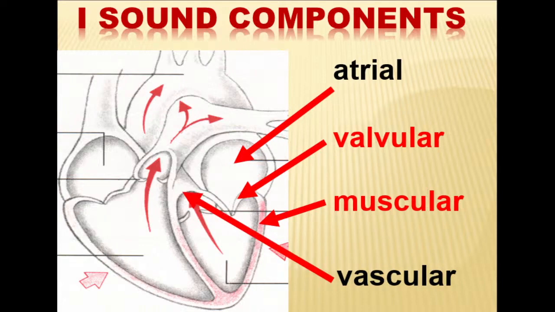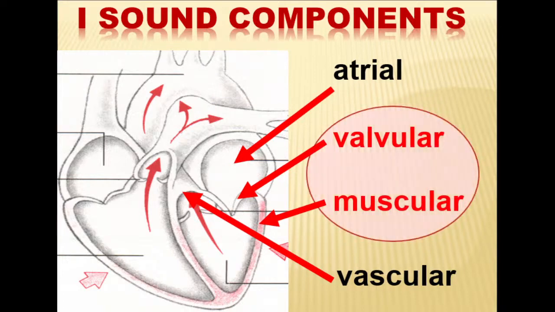First systolic sound is formed from four components: atrial, valvular, muscular, and vascular. But intensity of the sound mainly depends from activity of the valve and muscles because it's more audible process, closing of atrioventricular valve and vibration of contracted ventricular muscle.